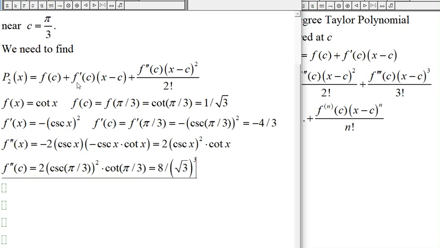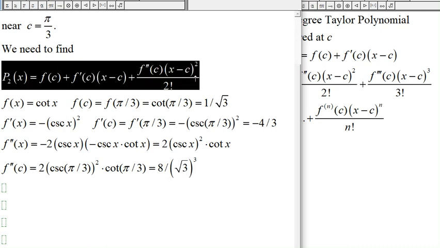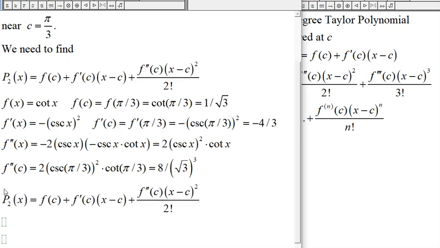So now that we got f prime of c and we got the second derivative at c, we're ready to form the second degree Taylor polynomial here.